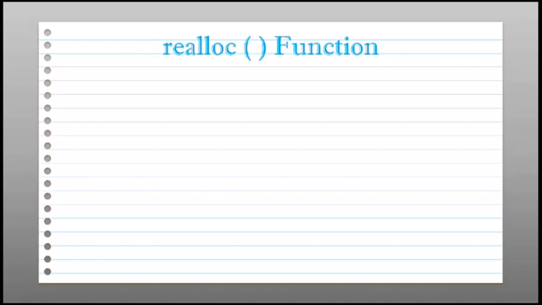Sometimes the allocated memory may be much larger and we want to reduce its size. In both situations, the size of allocated memory can be changed using the realloc function, and the process is called reallocation of memory.